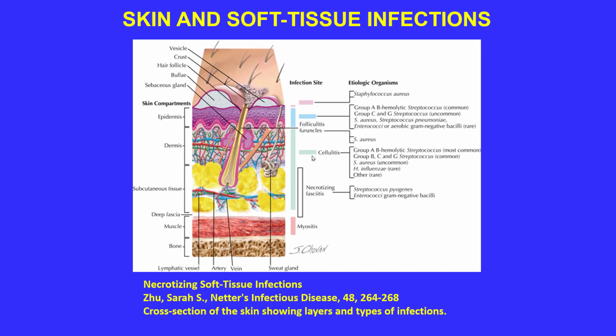And then you get deeper, you get cellulitis, and you have a variety of organisms there. And then the necrotizing fasciitis, okay? That's caused by Streptococcus pyogenes or the enterococci and gram-negative bacilli, okay? Now, myositis, that's an inflammation of the muscle tissue.